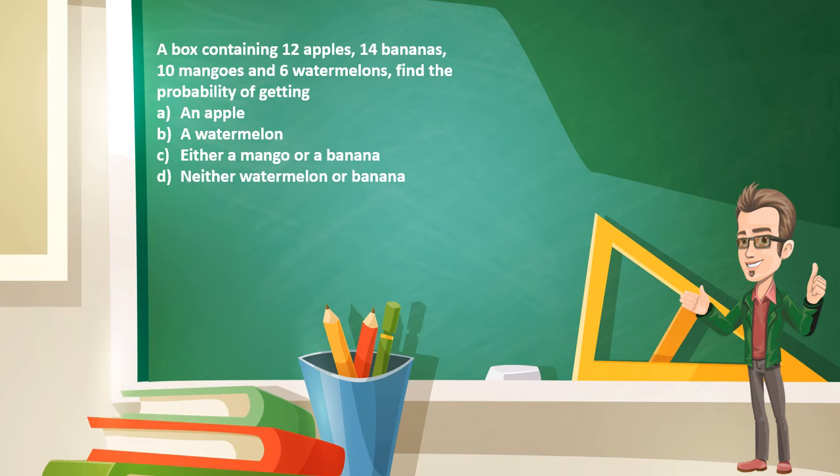We will be taking this step by step. So, as usual, we need to know our total outcome, which will be the sum of the whole fruits, that is 12 plus 14 plus 10 plus 6, which will give us 42 fruits.